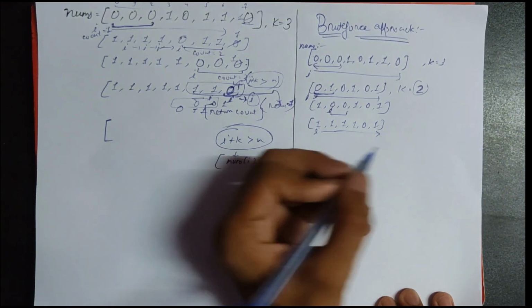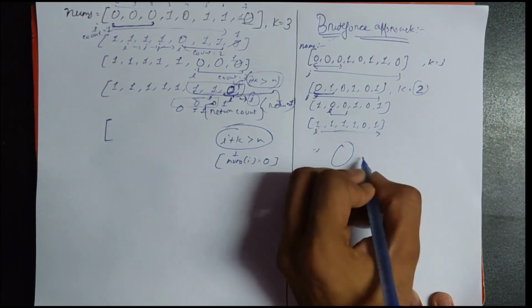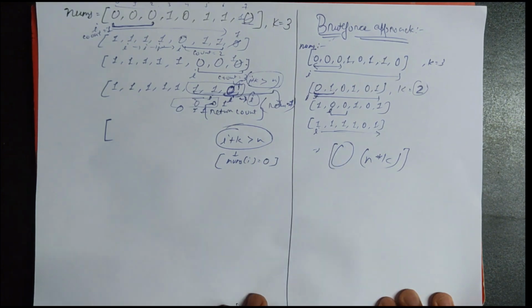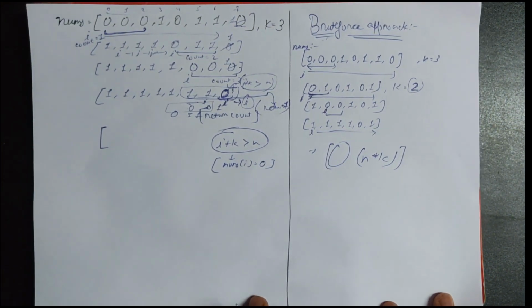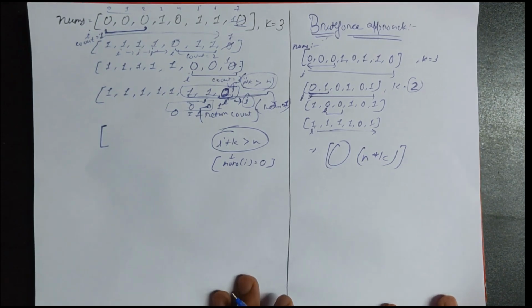So the brute force complexity will be big O of n times k, which is a very huge complexity. So we have to optimize this complexity by taking some space or any method. Let's look at those methods.